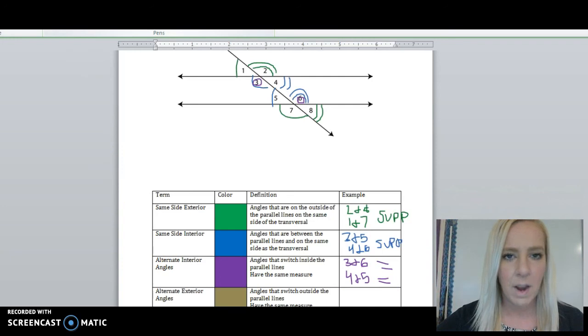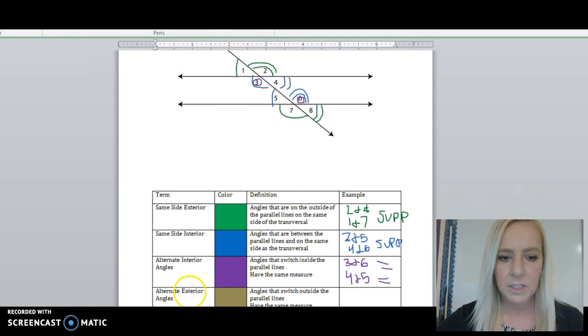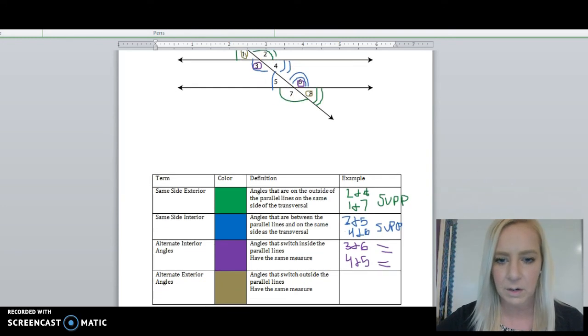And then I'm going to use a brown ink tool. Alternate exterior would be angles that switch on the outside. So for example, 1 and 8 are alternate exterior, as well as 2 and 7. And they're also equal to each other.